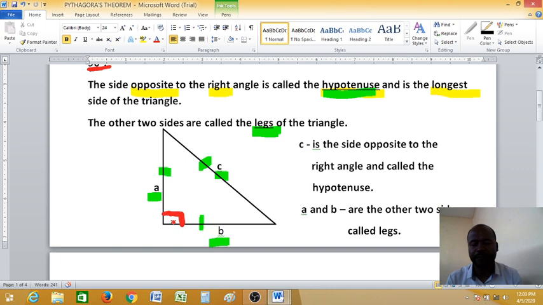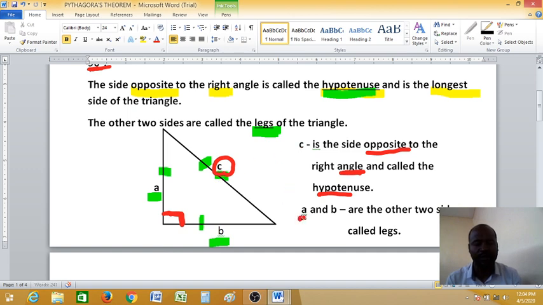And the side which is opposite to this right angle is side C, which is the longest side, or the hypotenuse of the triangle. We defined the hypotenuse as the side opposite to the right angle. The right angle is here, and the side opposite to it is C, so C is the hypotenuse.